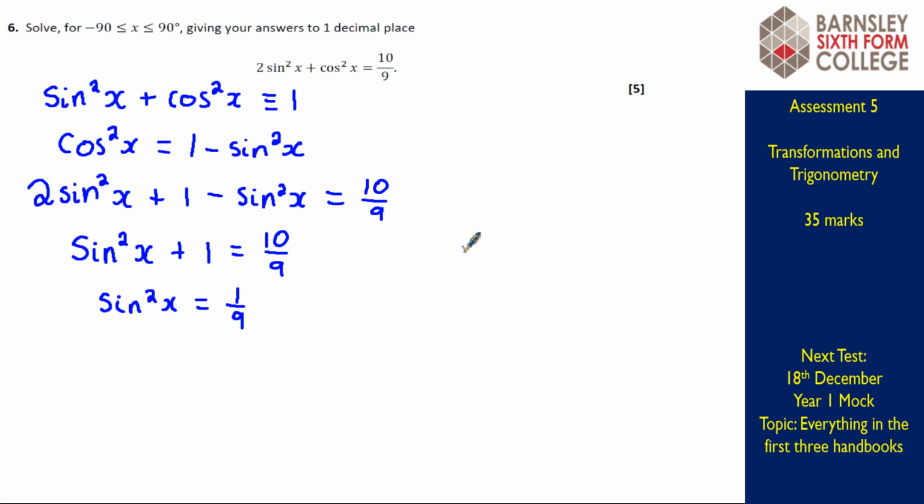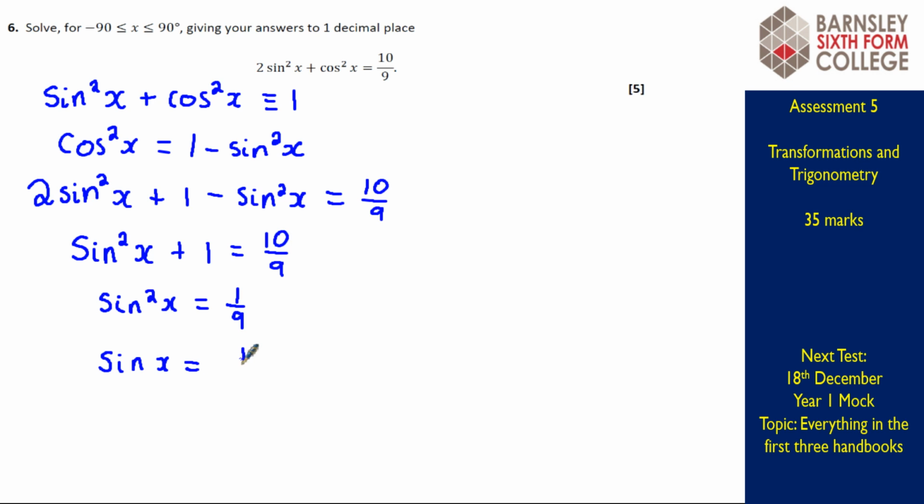And remember, the goal is we want to find what x is. So we've got this sine squared x equals 1 over 9, but we can't solve for sine squared because we don't have an inverse of sine squared x. We only have inverse sine x on our calculator. So we need to square root both sides.